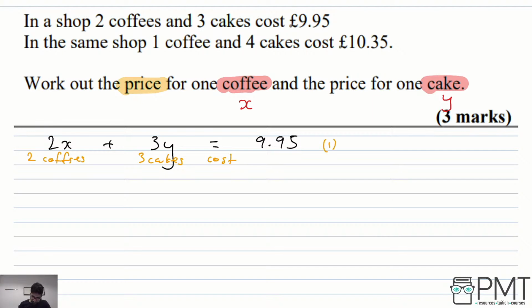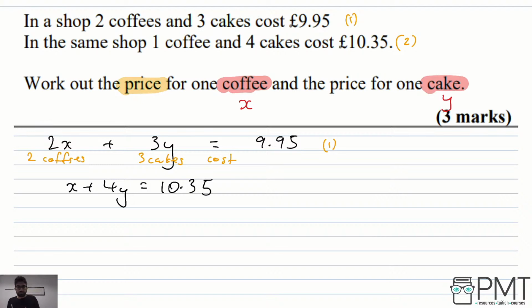The second one is going to come from the second sentence. So that's 1 and that's 2. Give me the second one. Holly says x plus 4y is 10.35. Well done. So we have got x plus 4y equals 10.35.